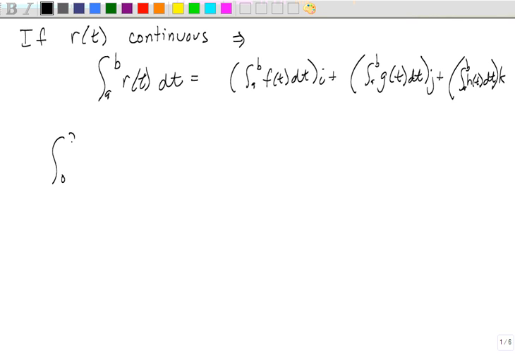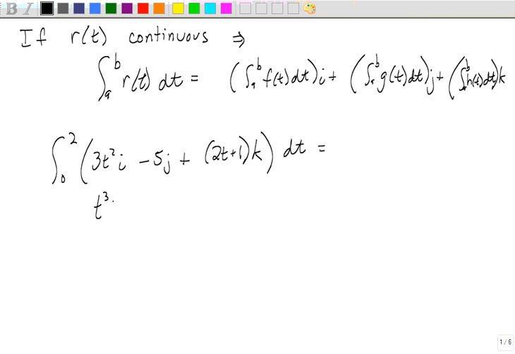So if I want to integrate, I'm just going to integrate this function and use the fundamental theorem of calculus.